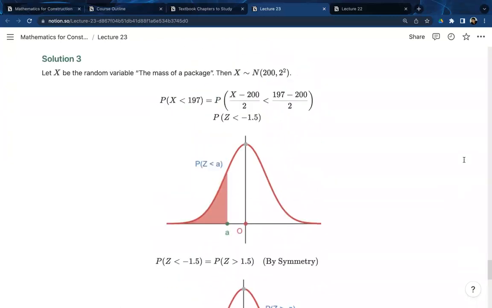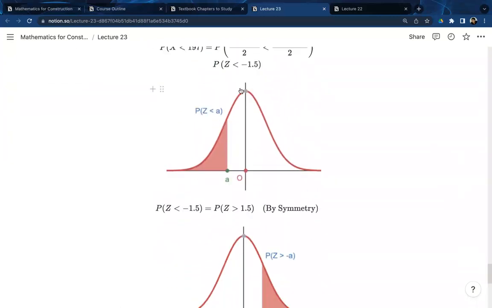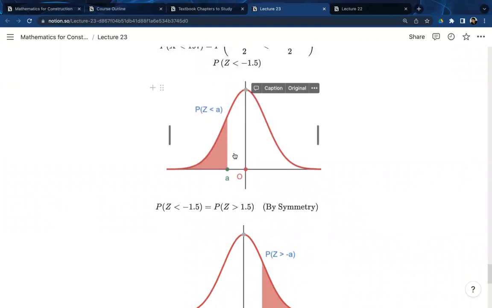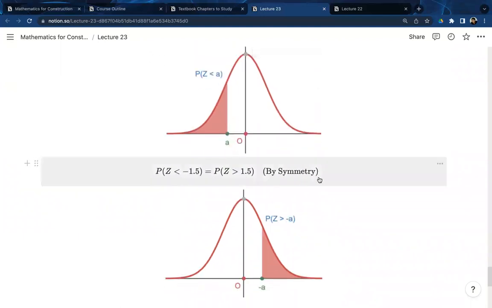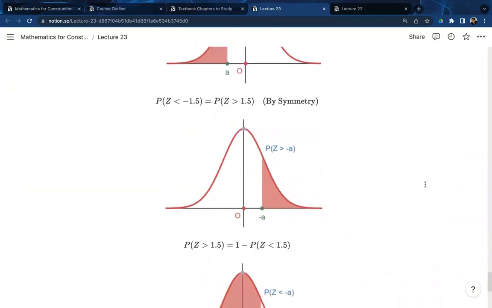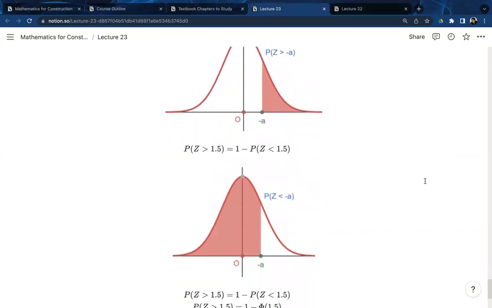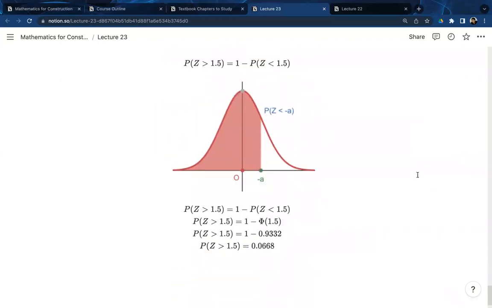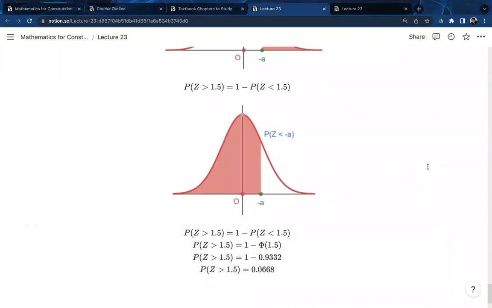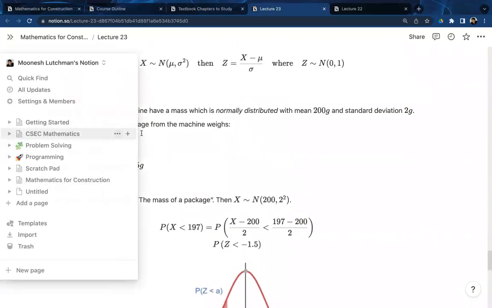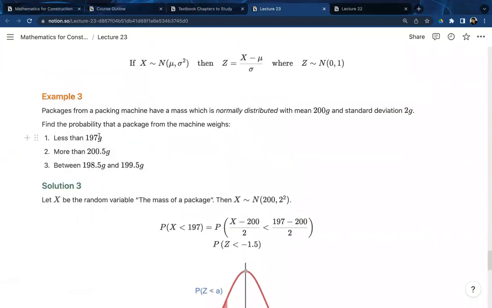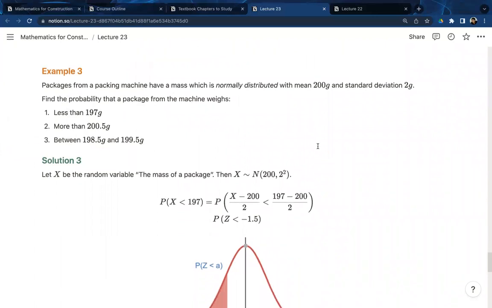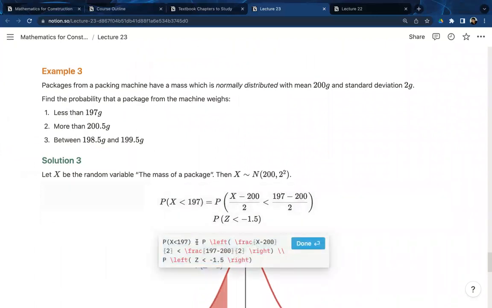Each equation shows a diagram, and from the diagram we get the next equation by symmetry. So this is the answer: the probability that the mass is less than 197. So I could come and say this here.